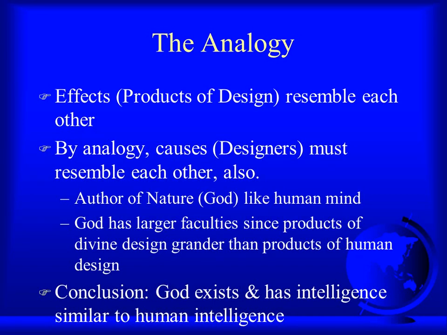By analogy, the causes, the designers, must resemble each other also. So the author of nature, note the capitals, Hume means God, has a mind that's like the human mind, only God has larger faculties, a greater intelligence. And we get this from the fact that the products of divine design are grander, more intricate than the products of human design like the watch.